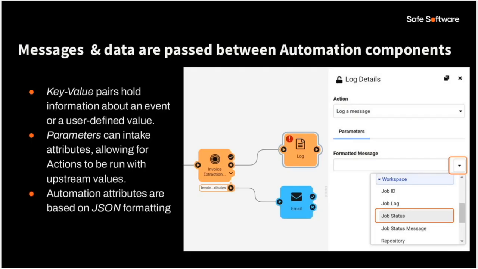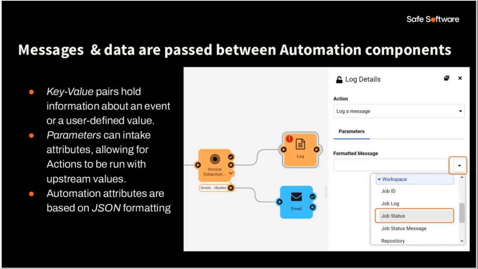So a little bit about messages and data that are passed between automation and components. You saw Bailey do a little bit of this earlier with using the drop-down arrow for parameters. You can link those attributes or add them to the email body or other parameters as well. So these attributes are key value pairs that hold information about an event or a user-defined value. These parameters can intake attributes, allowing for actions to be run with upstream values.